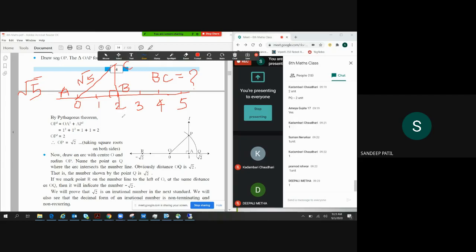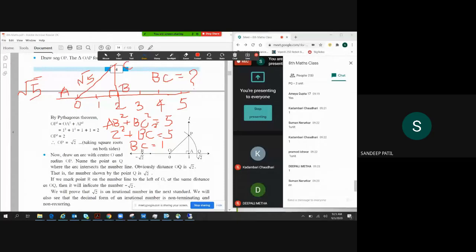AB square plus BC square should be 5, right? So AB square, we know, is 2 square, plus BC square, we have to find out, 5. So BC will be 5 minus 4, which is equal to 1.